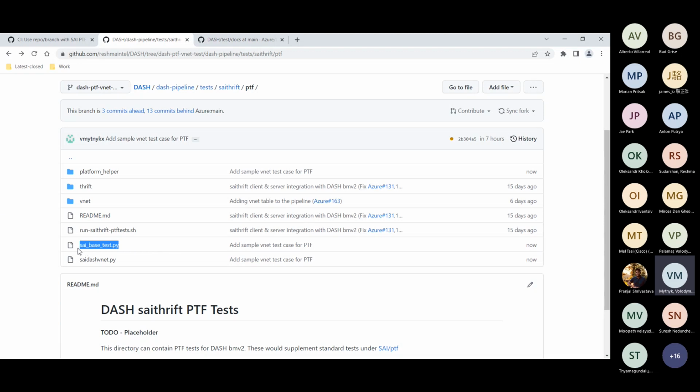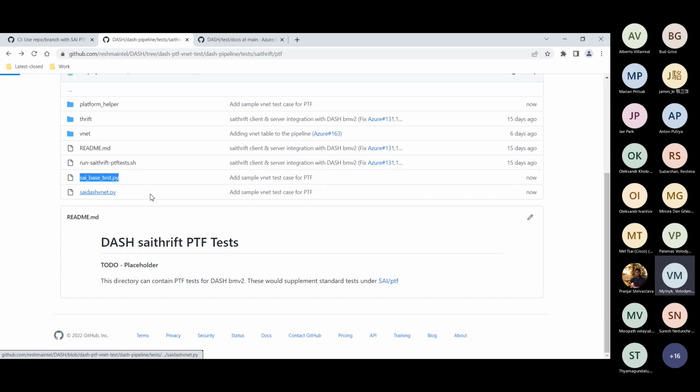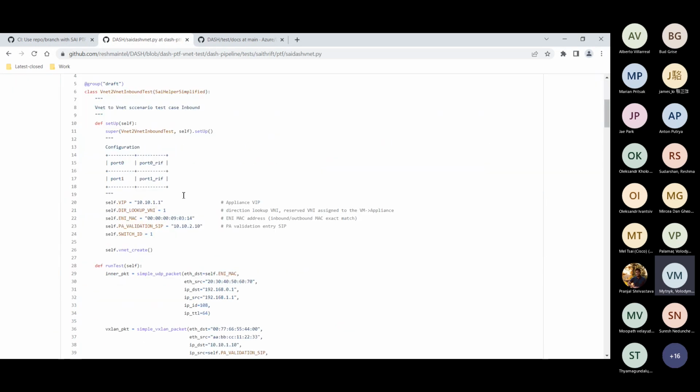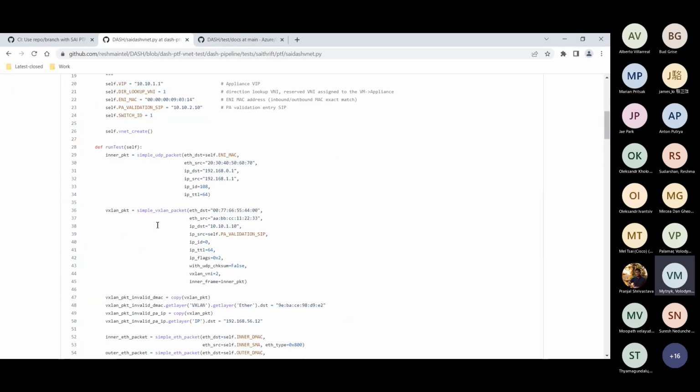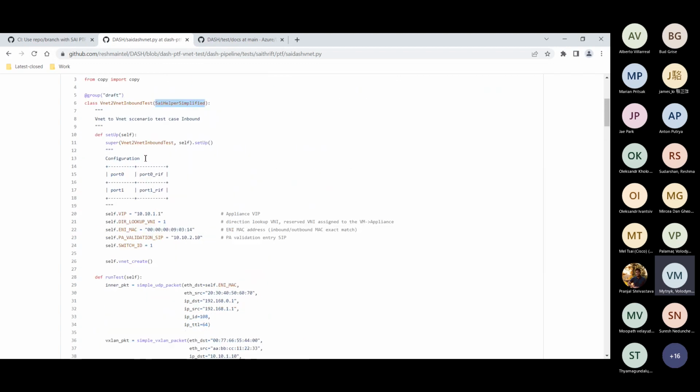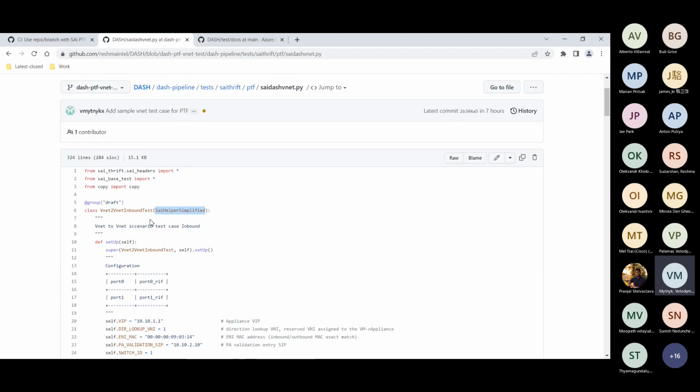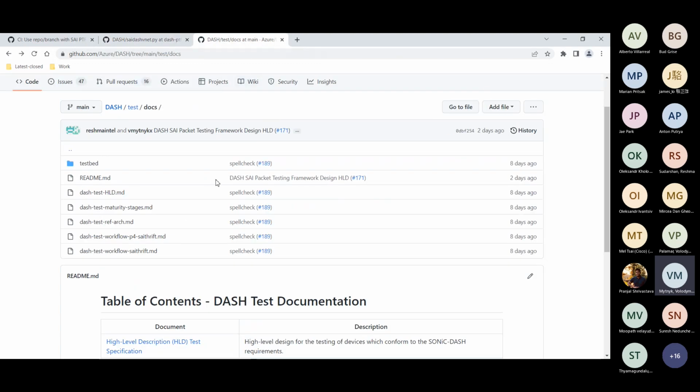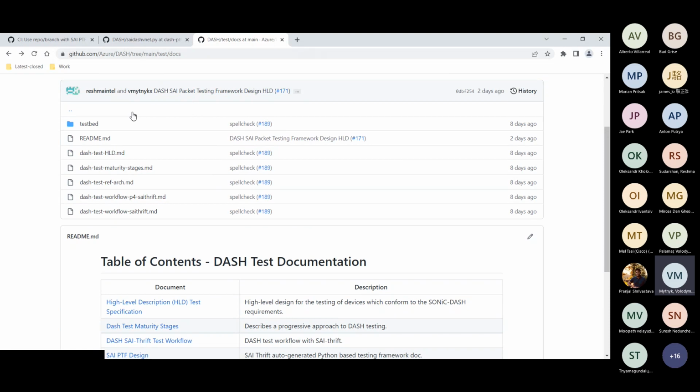We have some basic stuff needed to run it, and you can see what classes you have to use and what you need to do to set up and tear down your setup. To be able to run the test case, you can use the document that is referenced in the Dash repo.